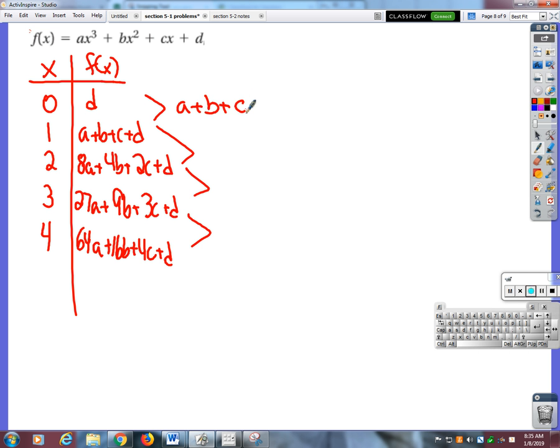And then if I go this one minus this one, 8a minus a is 7a, 4b minus b is 3b, 2c minus c is c, and then those cancel. Okay? You guys kind of, a little bit? Okay, 27a minus 8a is 19a. 9b minus, yep, thank you.